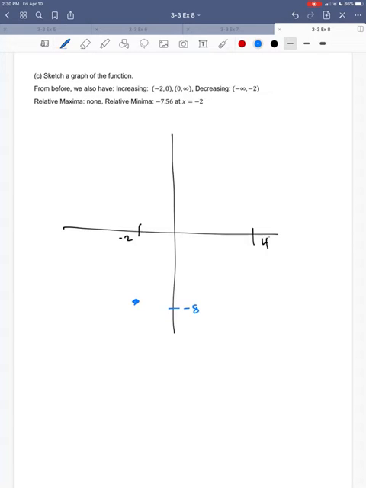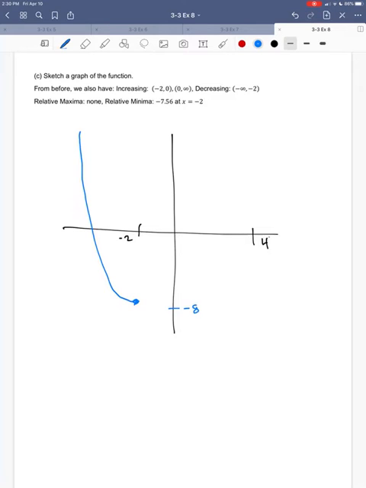It's decreasing from negative infinity to negative 2. And we also had that it was concave up from negative infinity all the way to 0. So it's decreasing, but it has to be bowl-shaped up as it's going from negative infinity to negative 2. So something like a parabola like that.